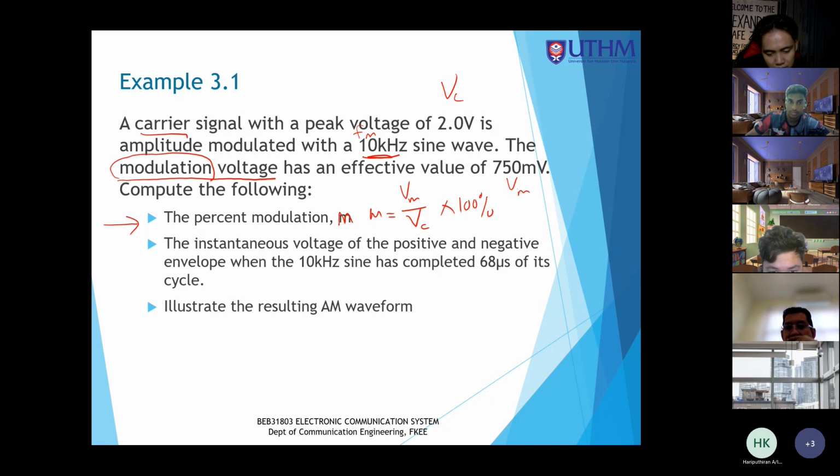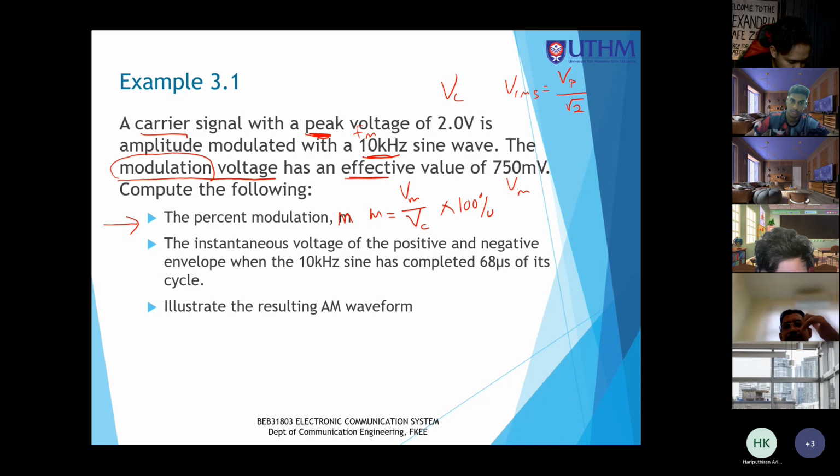So be careful yang kita nak buat ini adalah ratio dalam peak amplitude. Okay. So ini kita kena tukar dulu. Tadi kita diberikan dalam peak voltage, manakala ini adalah effective voltage, iaitu RMS. Okay, remember VRMS. If you remember that VRMS is equal to V peak over square root of 2.